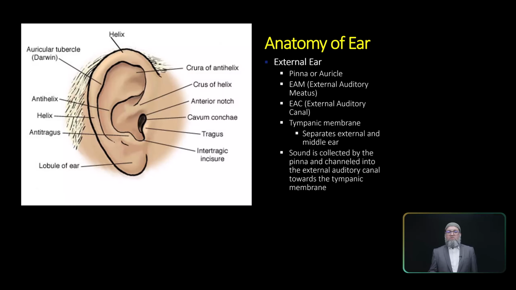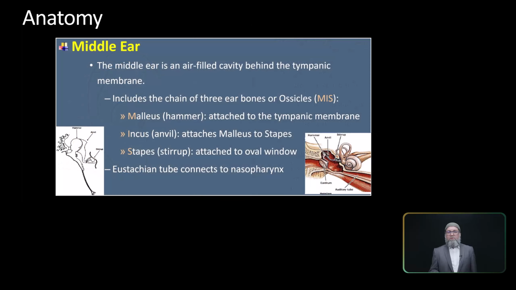The function of the external ear is to collect the sound and transmit it through the external auditory canal toward the tympanic membrane. The middle ear starts from the tympanic membrane. It is the air-filled cavity behind the tympanic membrane, and it includes a chain of three ear bones.